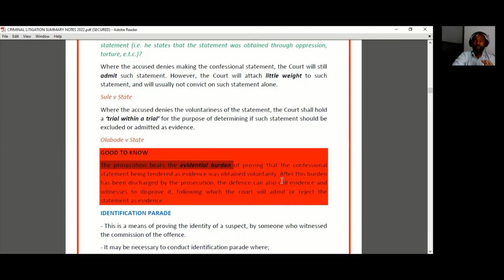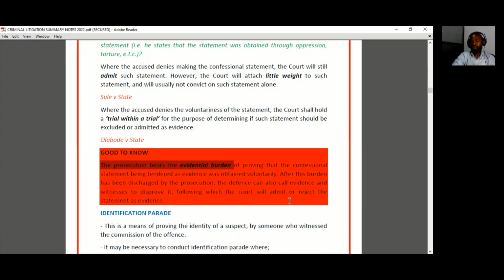Of course, if the court finds that the statement was not given voluntarily by the suspect, then it's going to be excluded. It's not going to form evidence for the purpose of that trial. So that is what the court would do when the suspect denies voluntariness of the statement.